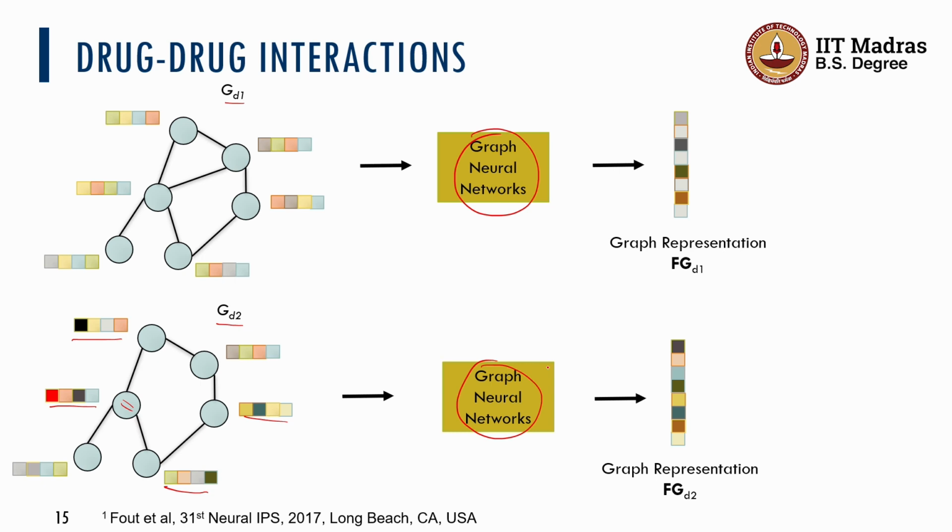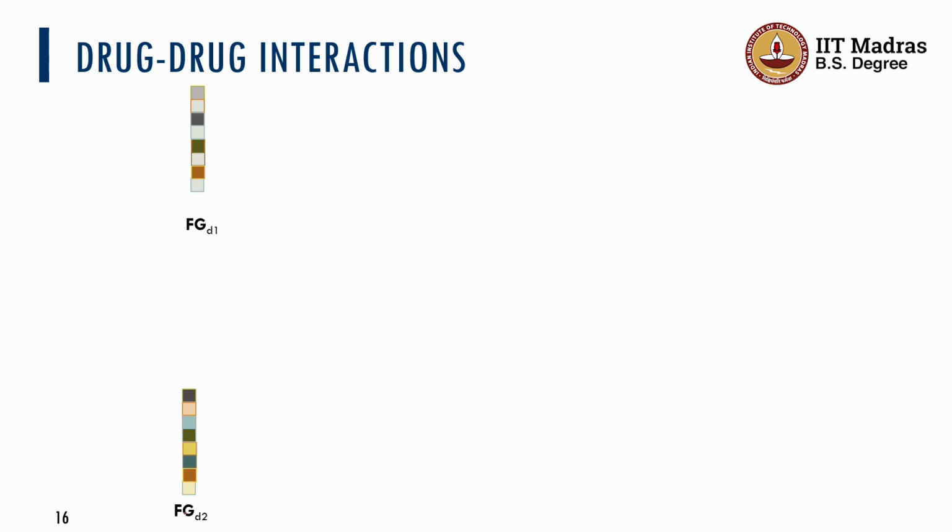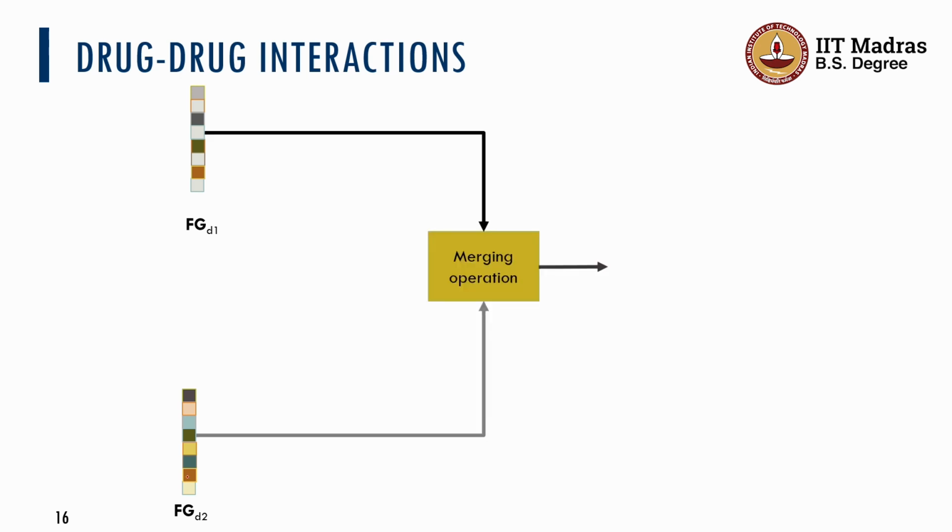Having said that, we learn a graph representation for G1, which is defined as f(GD1), and a graph representation for molecule GD2, which is f(GD2). So I have two graph-level representation embeddings. Now what I'm going to do is take this f(GD1) and f(GD2) together to construct an embedding through a merging operation.